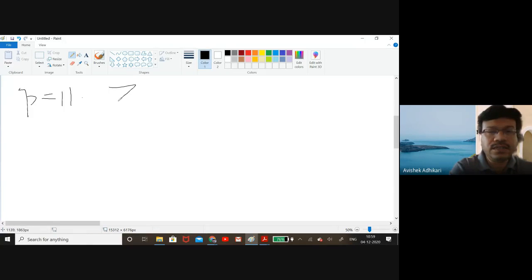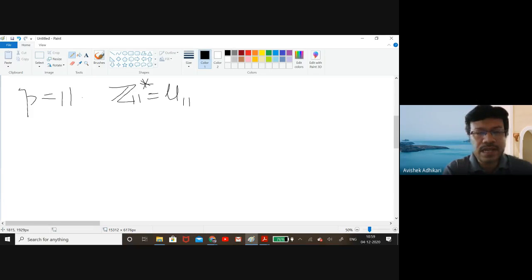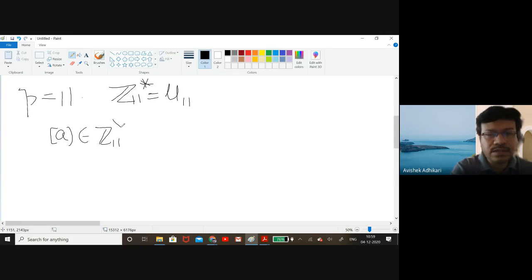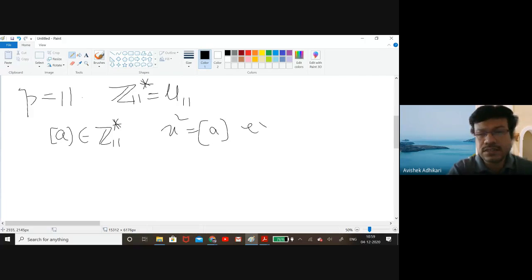I consider Z11 star. So now you know what is Z11 star. That means U11. And if I take some element, say class A belonging to Z11 star, and I ask you the same question, whether x square congruent to class A exists in Z11 star or not.